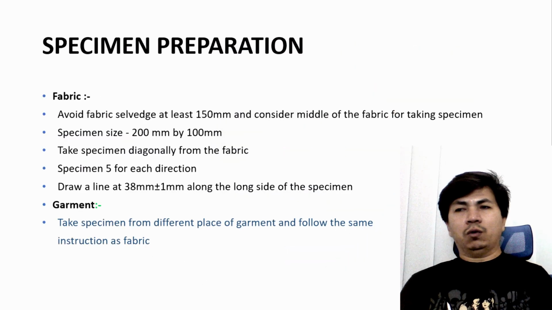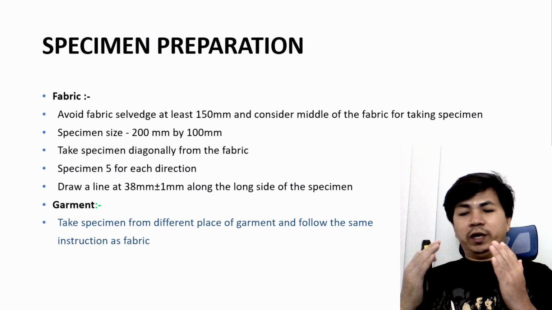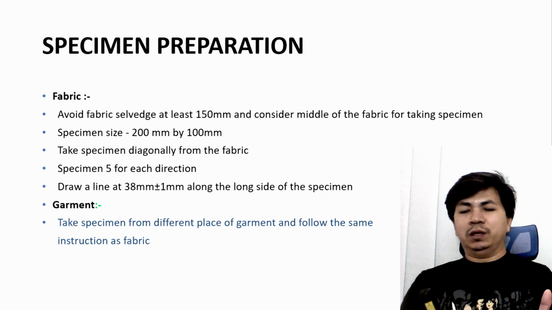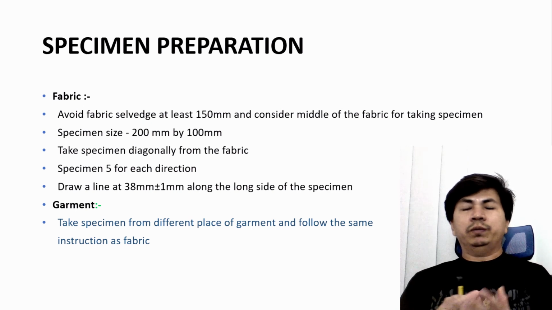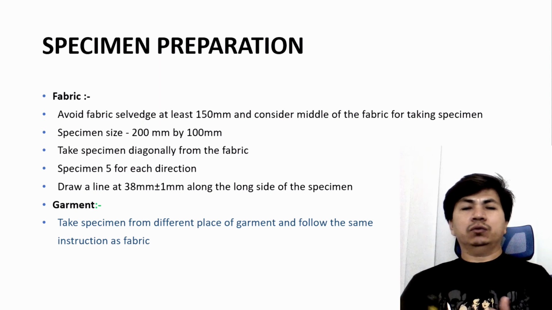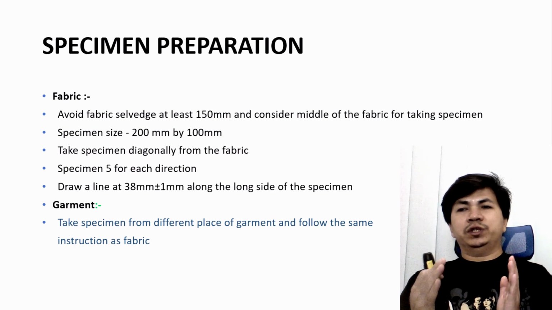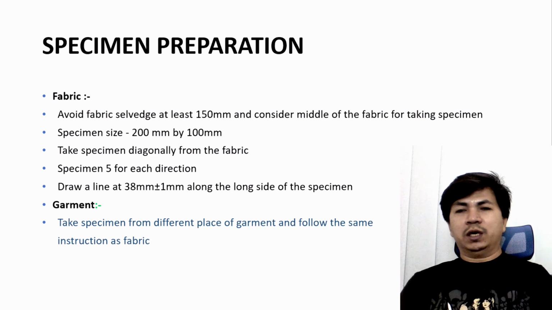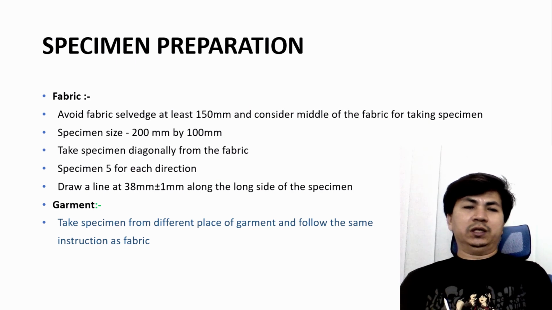Now specimen preparation. During specimen preparation, we should avoid a minimum of 150 millimeters from the selvage and cutting edge. Then the specimen size will be 200 millimeters length and 100 millimeters width. The specimens should be taken diagonally from the sample, 5 specimens from the warp direction and 5 specimens from the weft direction.